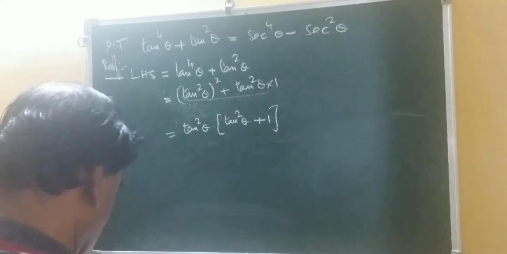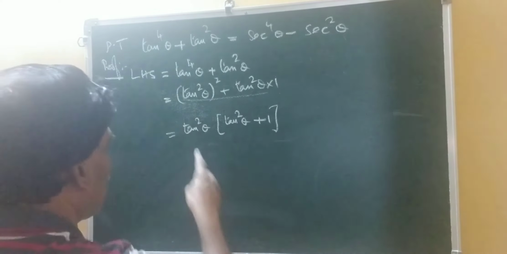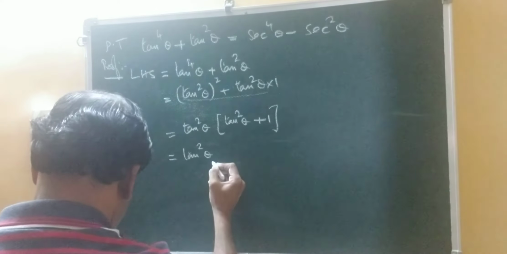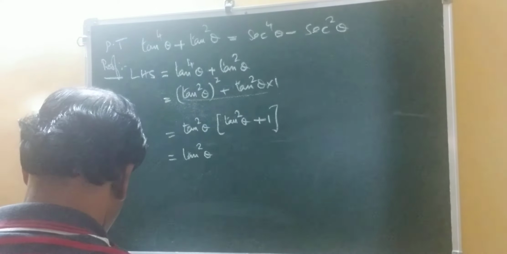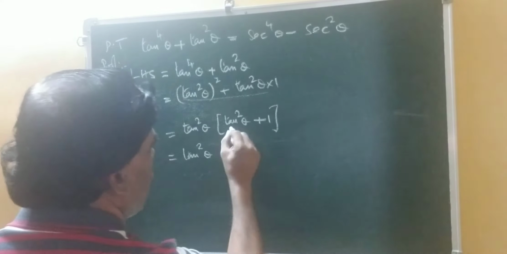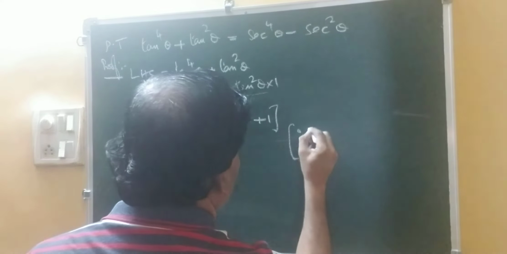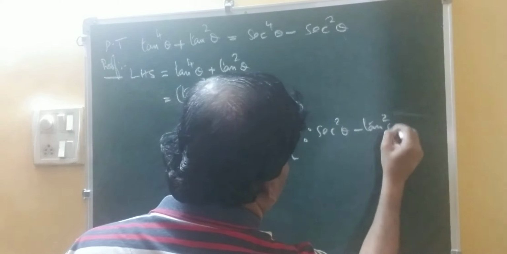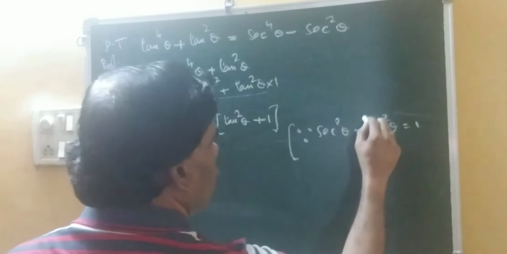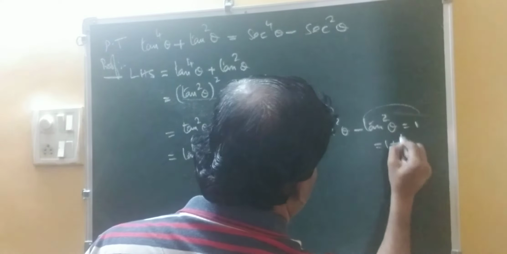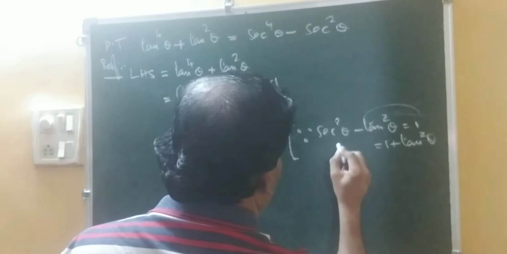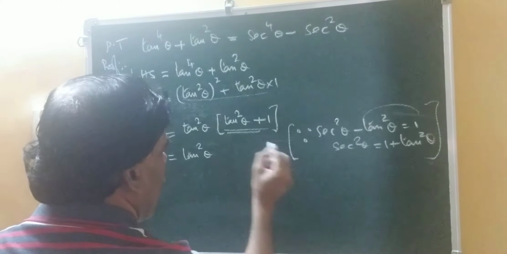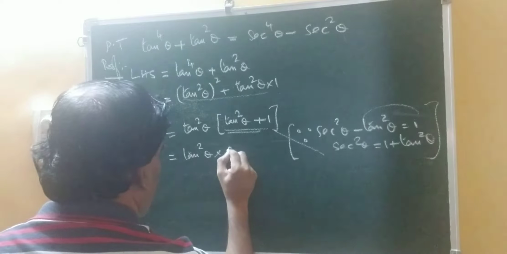Now what will happen? What is tan square theta? This is okay. Tan square theta into what is 1 plus tan square theta? See, sec square theta minus tan square theta equal to 1. So this you take it here. 1 plus tan square theta. So what is that? Sec square theta. So here we can write sec square theta.